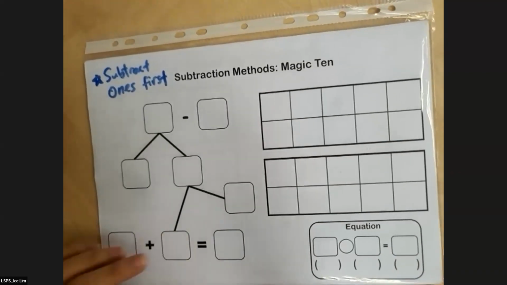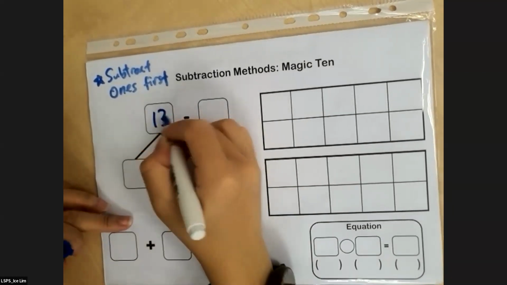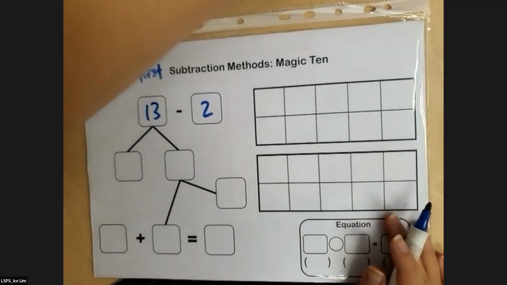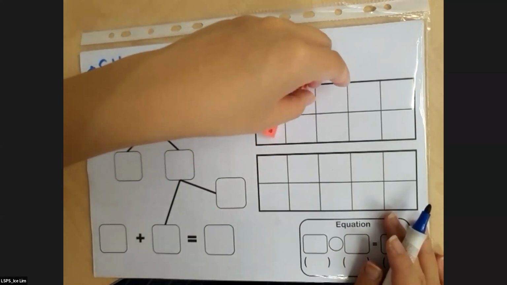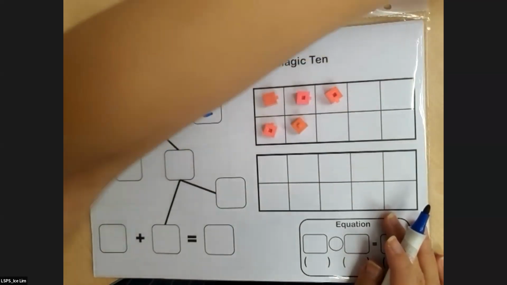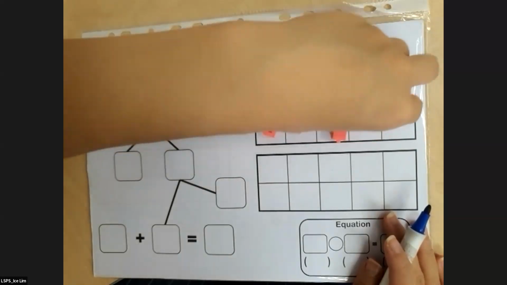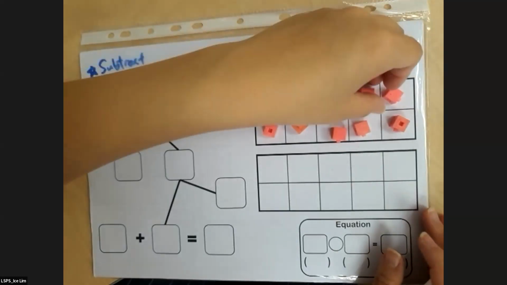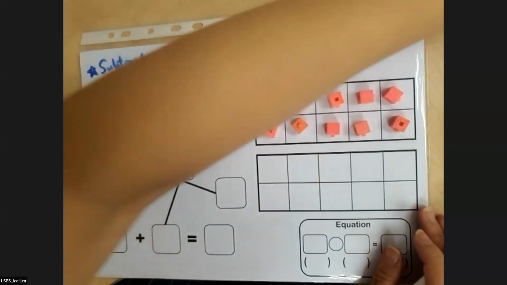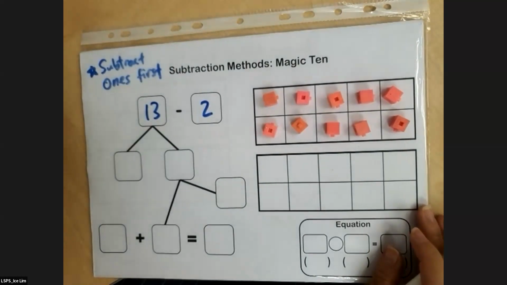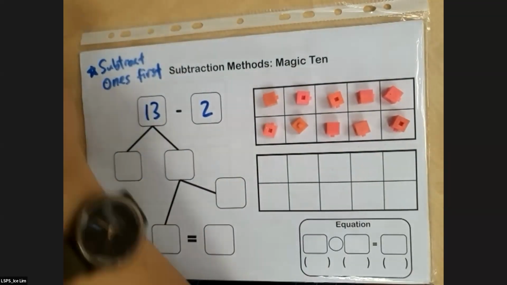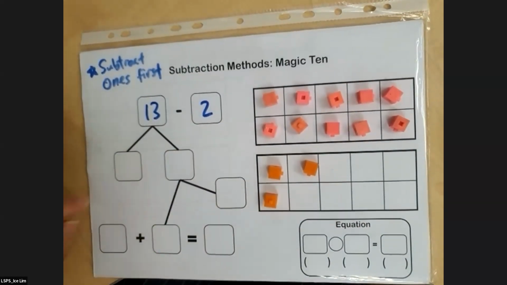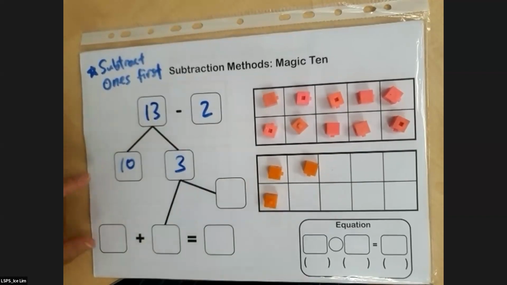So just now the question we have is 13 minus 2. So I can show 13 minus 2. You see, I have the frame of 10. And then I have 3 little ones. Then I can have 10 and 3.